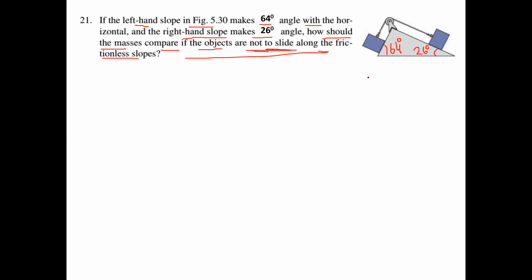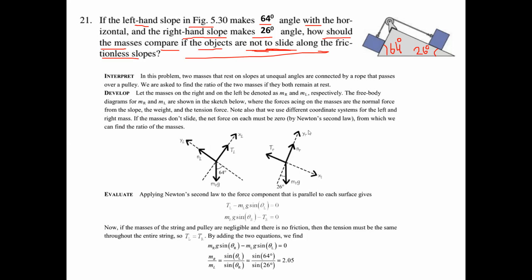First of all, to solve this kind of problem, you should draw a free body diagram of your object. For this question, you have two objects, this one and this one. The free body diagram for the object will be like this. Let's start with the 64 degree slope, the left mass.